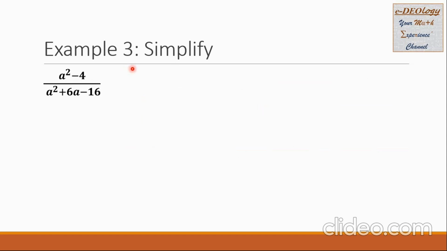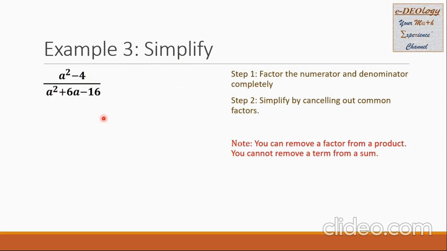Let us have example 3. Simplify the rational expression a squared minus 4 in the numerator all over a squared plus 6a minus 16 in the denominator. Let us now factor out the numerator and denominator completely.